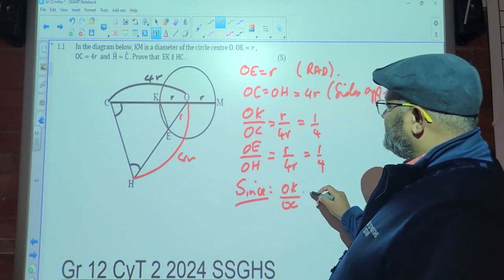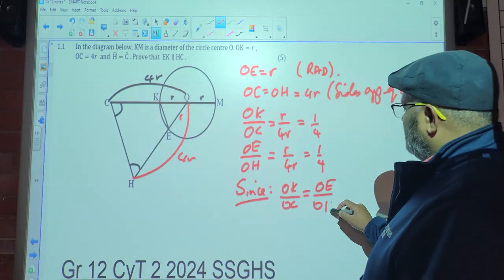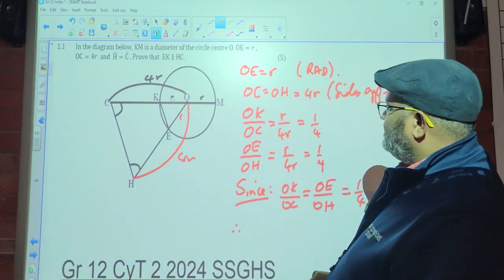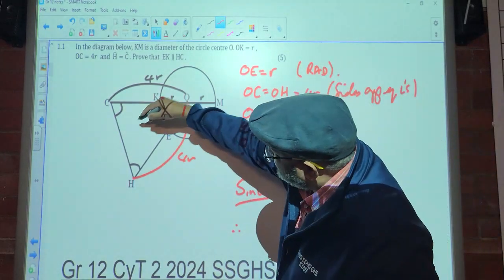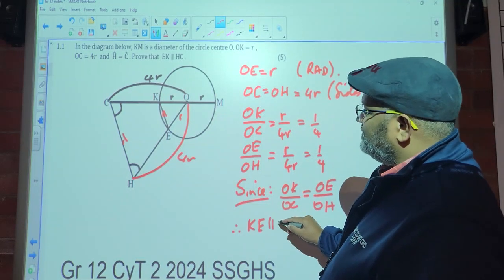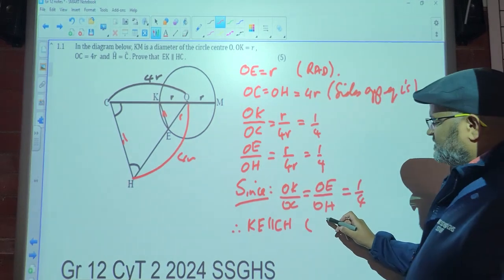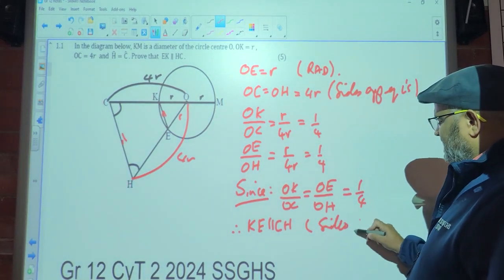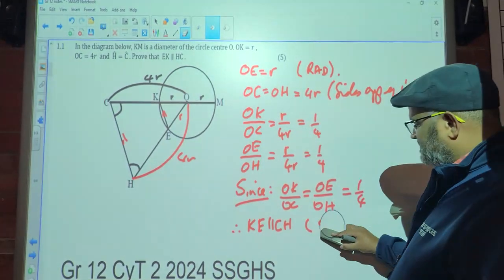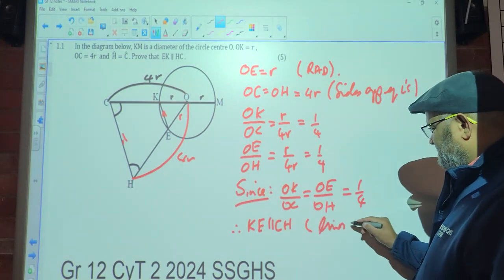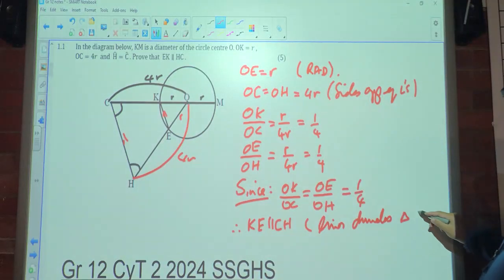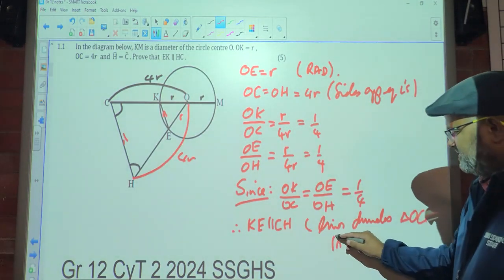Now we conclude since OK over OC is equal to OE over OH, which is equal to a quarter, therefore KE has to be parallel to CH, because a line divides triangle OCH in proportion.